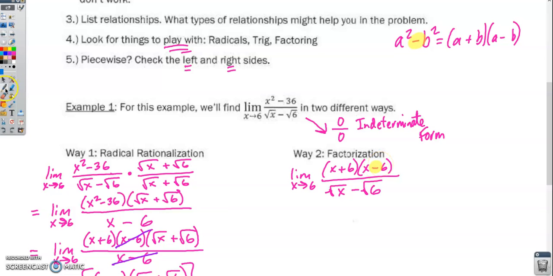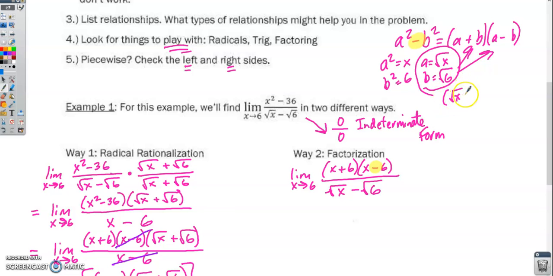And if that's the case here, what we really are saying is that we're going to set a squared equal to x and b squared equal to 6. And so a is equal to the square root of x and b is equal to the square root of 6.